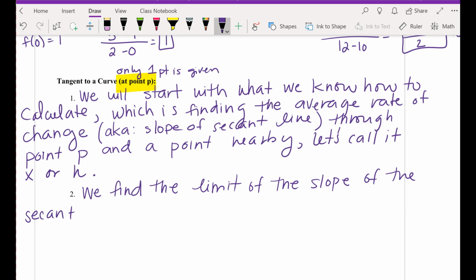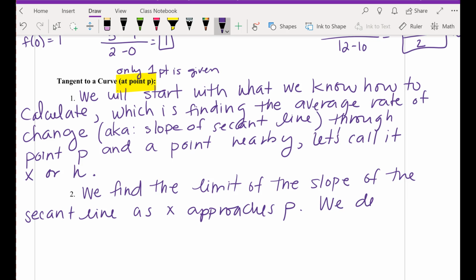Of the secant line as X approaches P. What does that mean? X approaches P. Remember, X was the point nearby. So what do I mean by X approaches P? Is it getting closer to the given point or further away? Yeah, I'm inching closer to the one given point as the limit, okay?